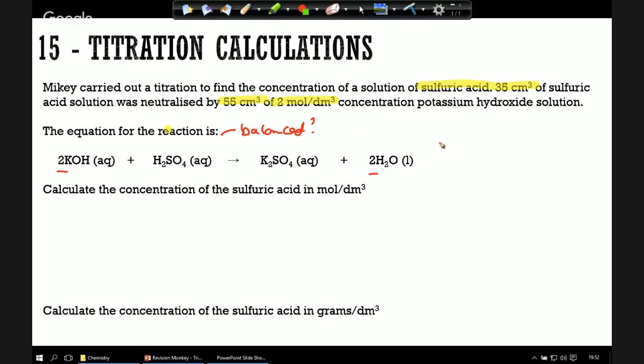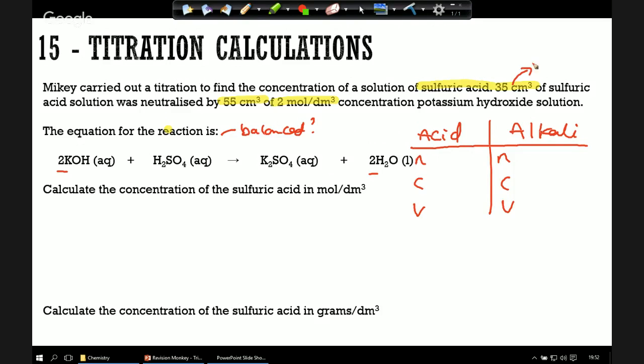Second thing I'd recommend you to do is any white space around this equation, write yourself a table of acid against alkali. And then for each one, you need to write down the information you've got in your table. So I'd write number of moles, concentration, volume. Number of moles, concentration, volume. So over here, we've got acid, and we've got a volume for acid, and we've got a volume for alkali, and a concentration for alkali.